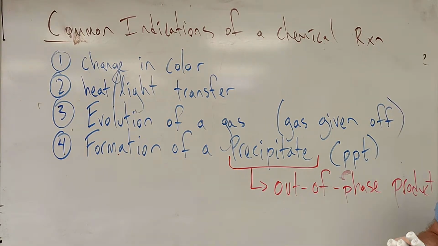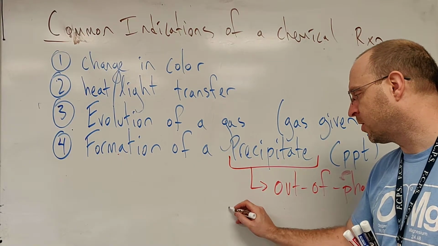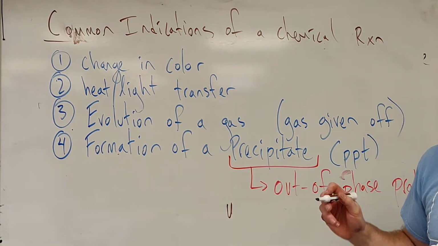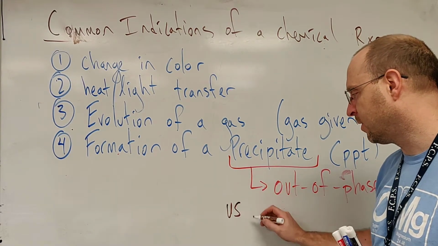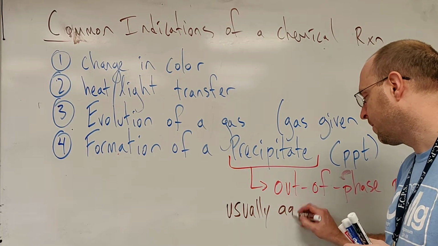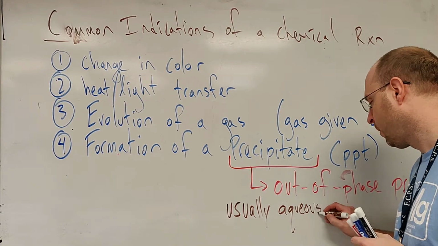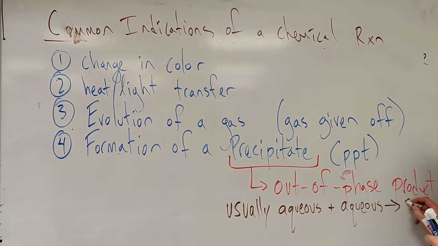And most commonly, when you see people defining what a precipitate is, you're going to have a situation where you have an aqueous solution and an aqueous solution producing a solid. And we'll have to deal with aqueous here in a minute. Usually you have something aqueous and something aqueous giving you something solid. All right? And so aqueous is obviously a term we're going to have to address right away as well.